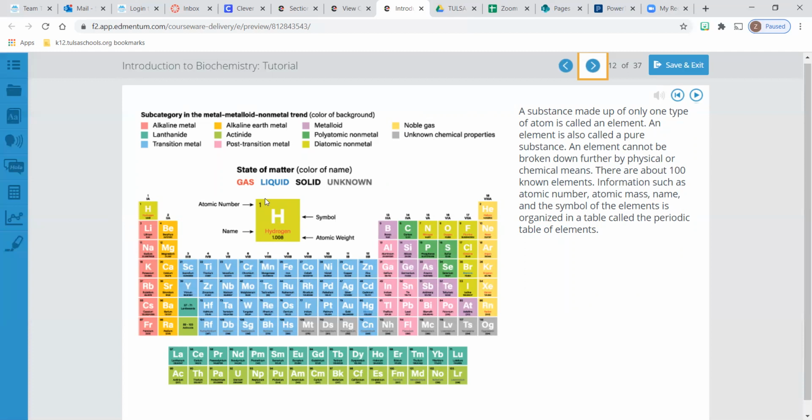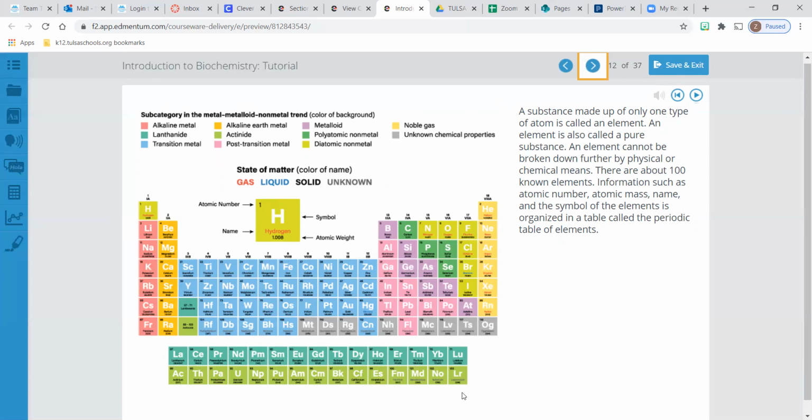But here you see the subcategories: alkaline metals, lanthanides, transition metals, alkaline earth metals, actinide, post-transition metal, metalloid, polyatomic nonmetal, diatomic nonmetal, noble gas.